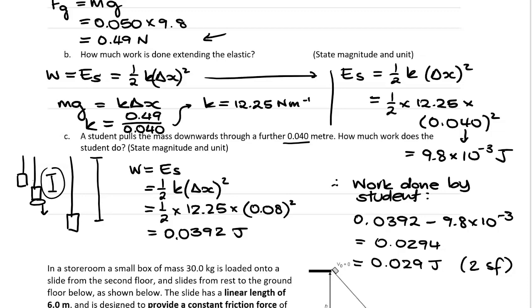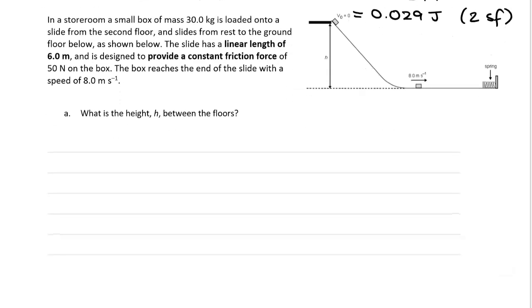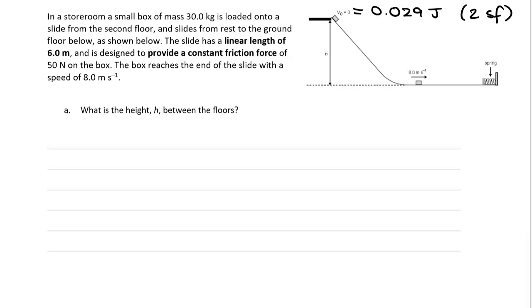The next question is one of my favourites in this topic. So let's look at this now. We've got a storeroom. In a storeroom, a small box of 30 kilos is loaded onto a slide. Here's the slide. From the second floor, it slides from rest, so it's starting at rest here, to the ground floor below, as shown.